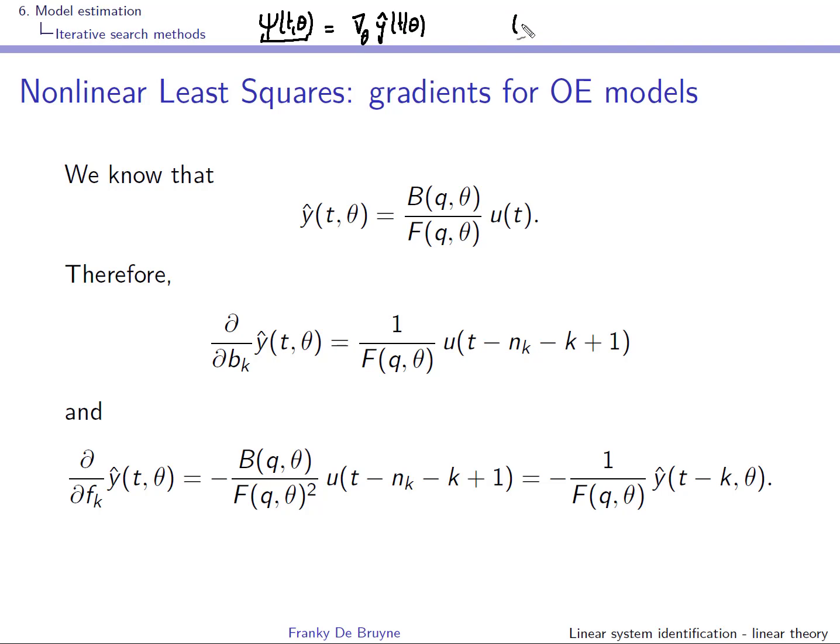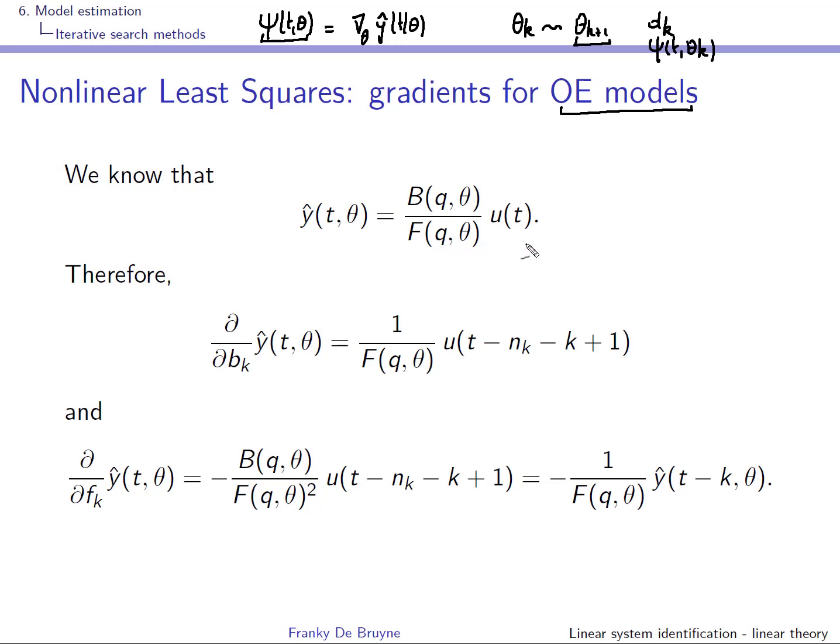Because when you're at iteration k and you want to obtain theta k plus 1, you need the descent direction, and this descent direction will depend on psi of t, theta k, evaluated at theta k. And given all this, you'll be able to compute the new estimate. So what we'll do is compute this gradient vector for output error models and also ARMAX models.